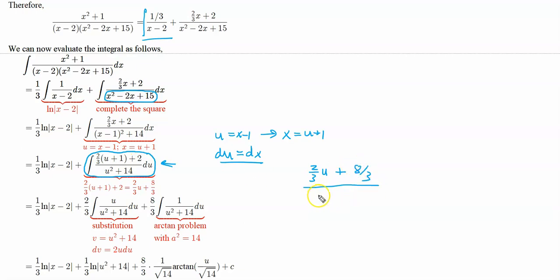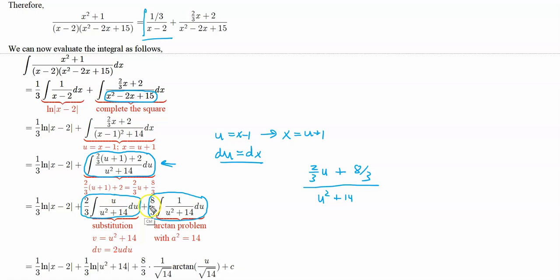And then we have that divided by the u squared plus 14. Now simply split this fraction apart, write it as 2/3 u divided by this. That's what we have right here. And then plus 8/3 divided by u squared plus 14. That's what we have right here. So you notice how we split that apart.